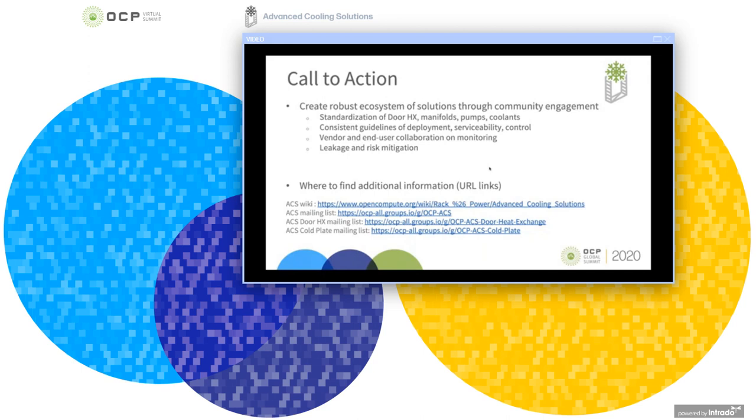Also by having consistent guidelines for deployments, serviceability, control methods, and telemetry requirements of these systems. And finally, by addressing uniform or agreed-upon methods on leakage and risk mitigation for these systems.